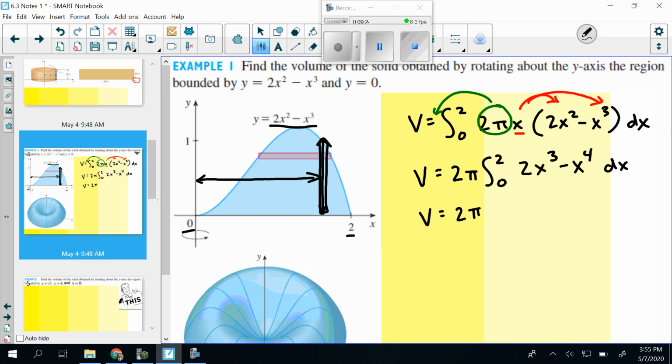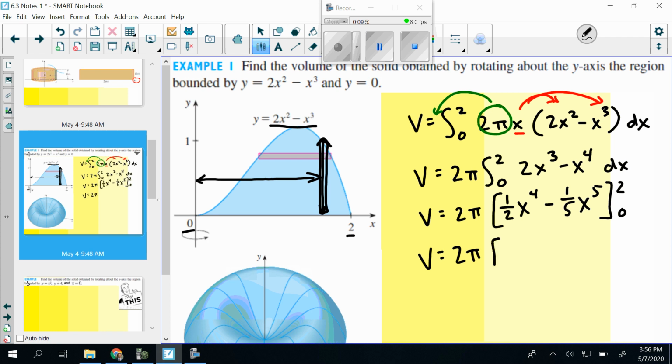Now we just go through and solve this like all these other integrals. The antiderivative would end up being, we go up a power to 4, reciprocal is 1/4. 1/4 times 2 is 2/4, or 1/2. This other one, we can go up to the 5th, with a reciprocal of 1/5 in front. Integrate that from 2 to 0. If we plug in 2 here, 2 to the 4th power is 16.